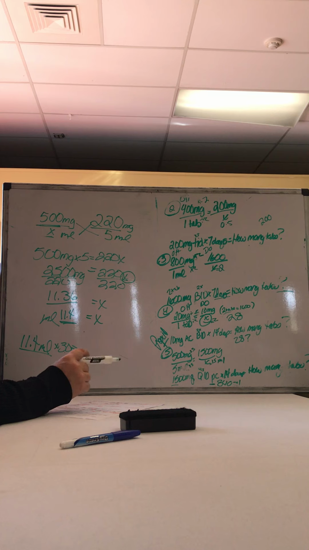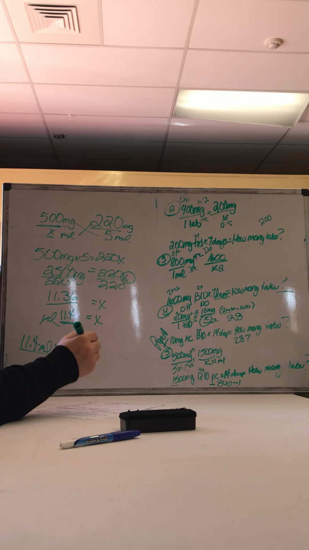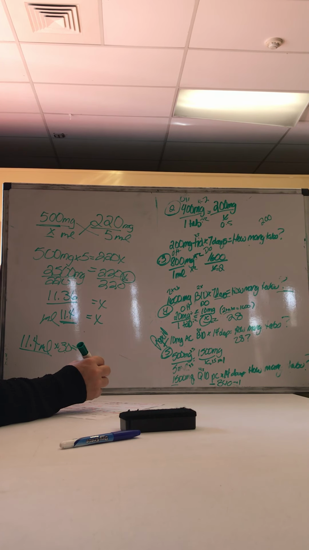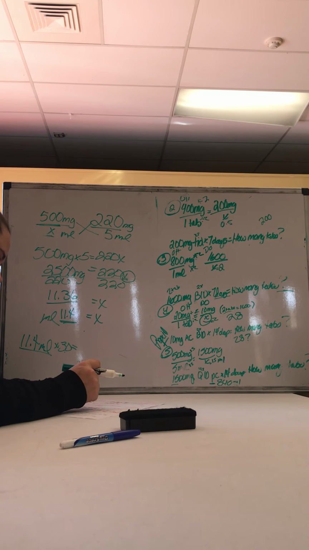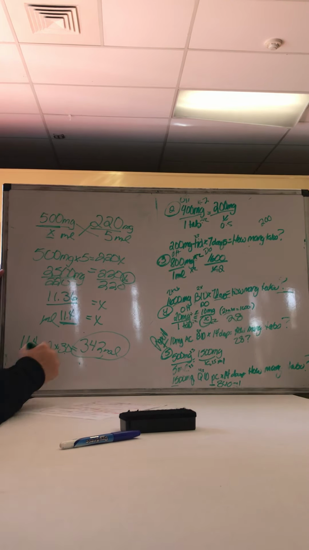So now we need to know how much to pour up. Keep your calculator, and you can use calculators on your test as well. 11.4 times 30 is 342. So we are going to fill this order with 342 milliliters.